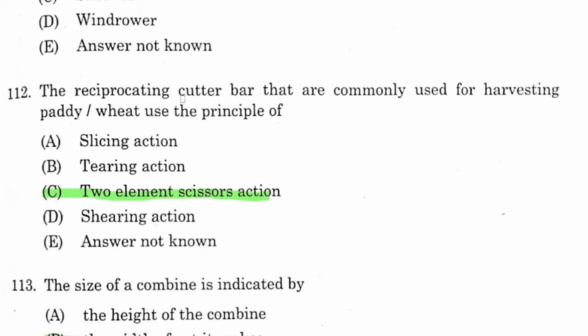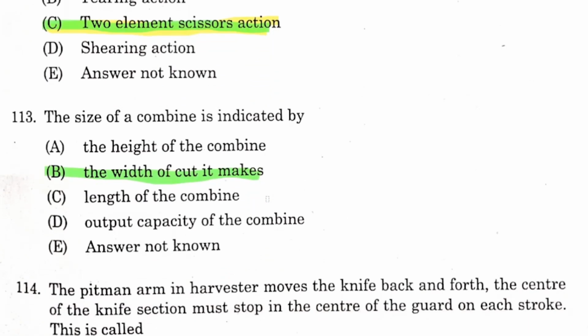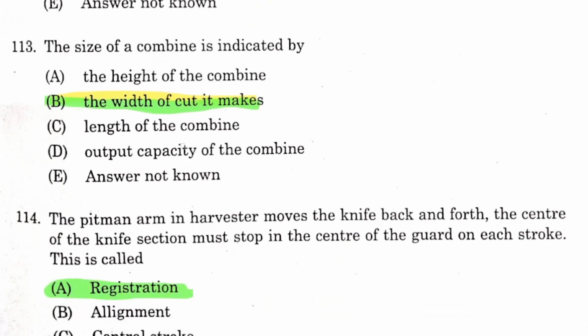The reciprocating cutter bar that is commonly used for harvesting paddy and wheat uses the principle of two element scissors action. Next, question number 113. The size of a combine is indicated by the width of cut it makes.